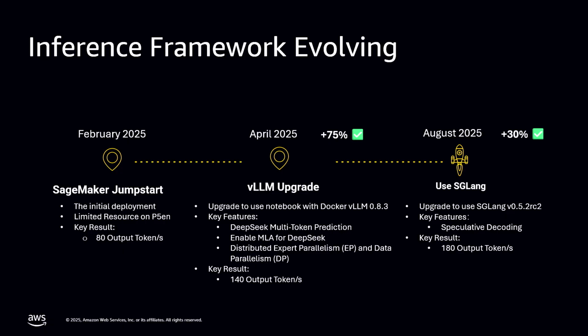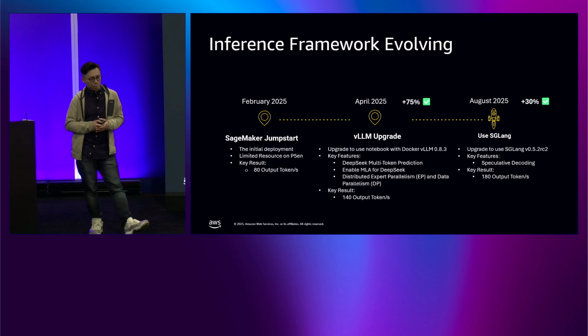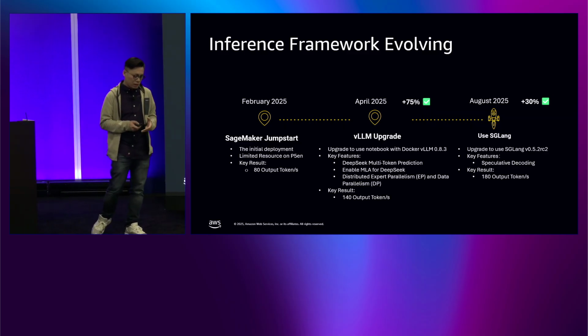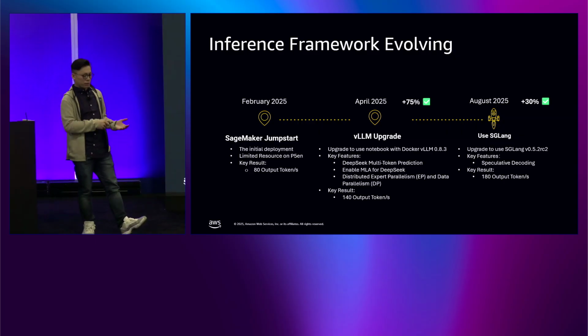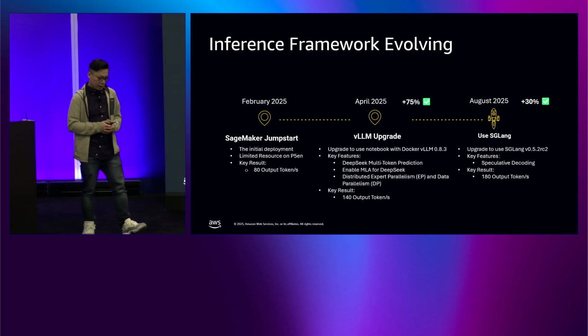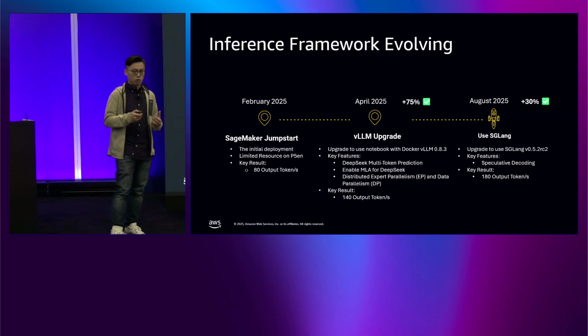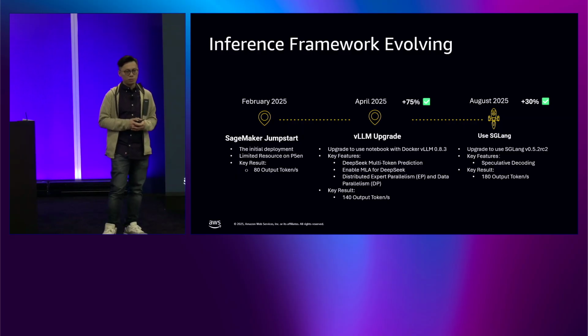Not good enough. Later, in April 2025, we replaced it with vLLM. With this, we can enable DeepSeek multi-token prediction, mixed precision linear attention, combined with distributed expert parallelism. Then the result boosted to 140 output tokens per second.